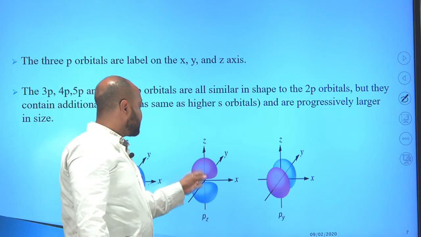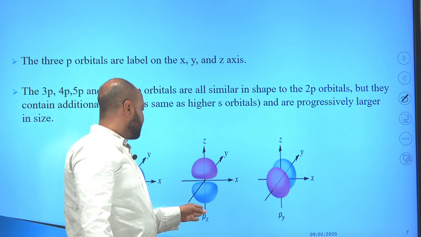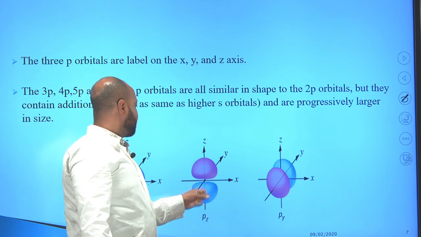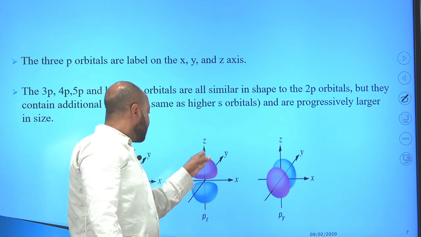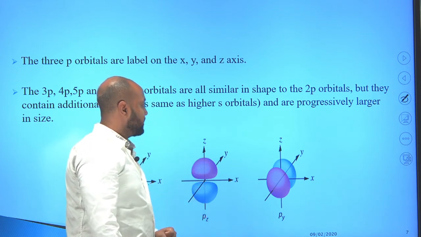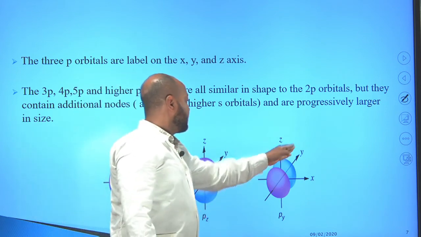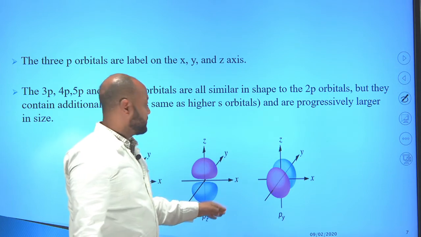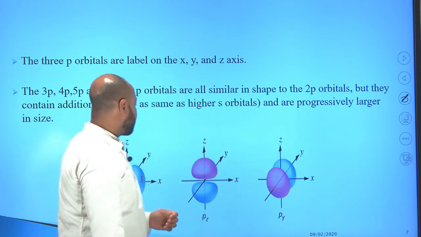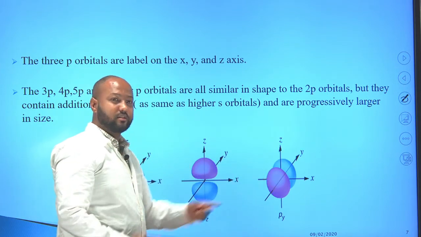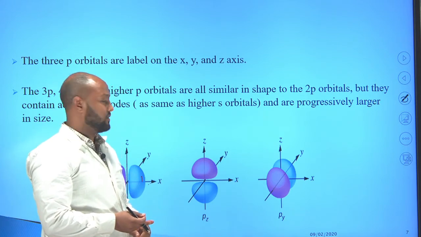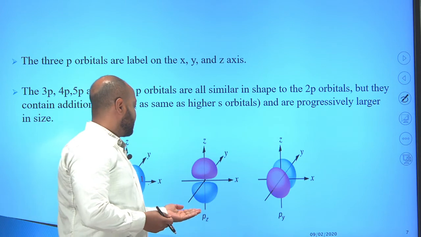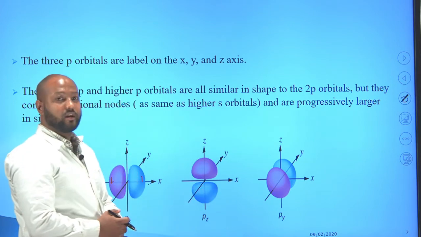This one is pz, located along the z-axis. Py is located on the y-axis. Generally, px, py, and pz are the 3 p orbitals, and they lie along the axes.